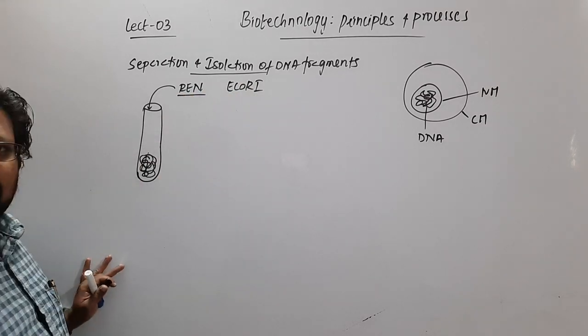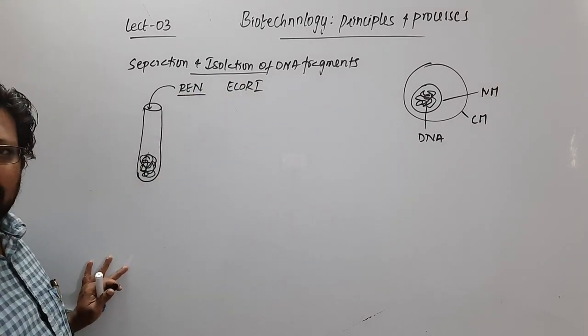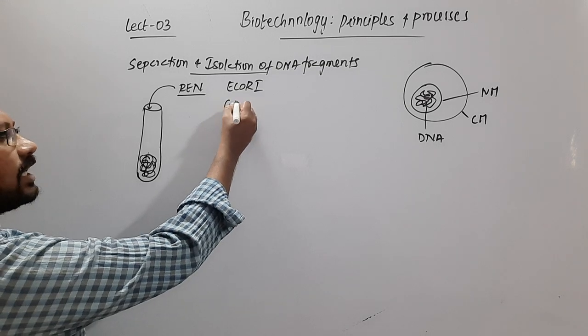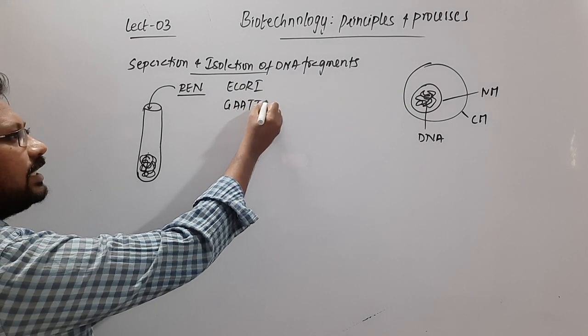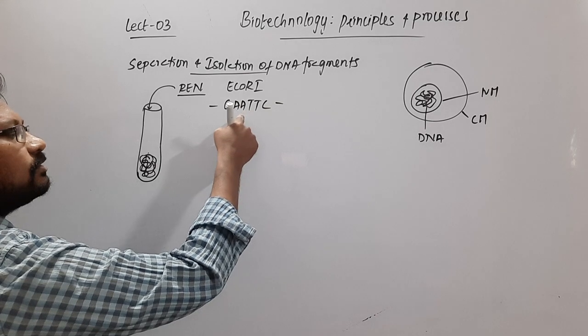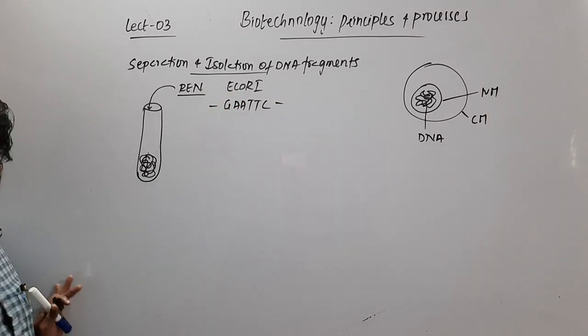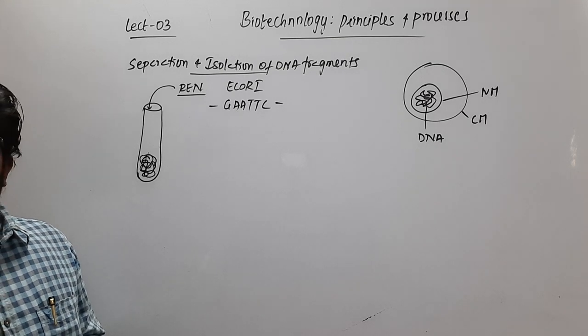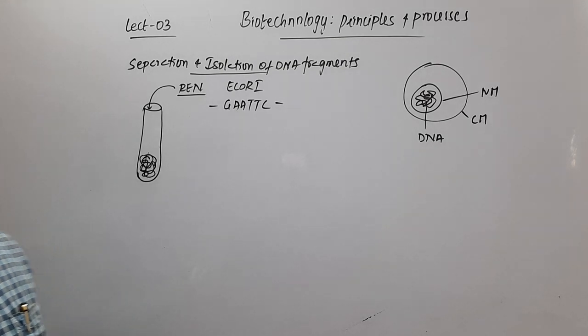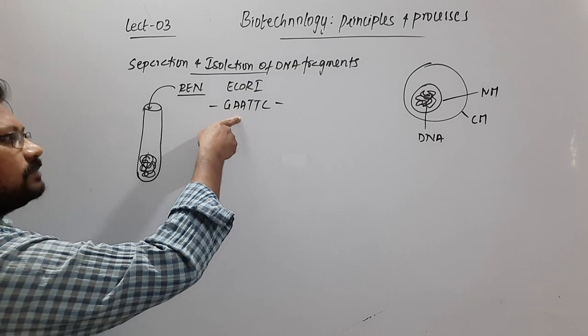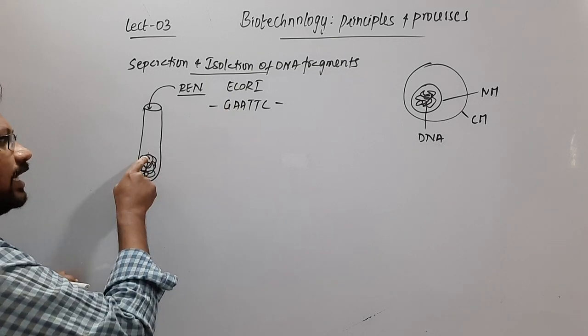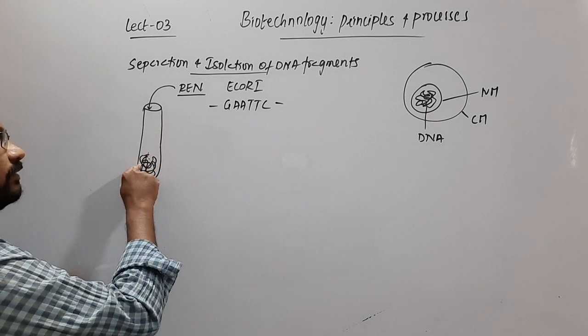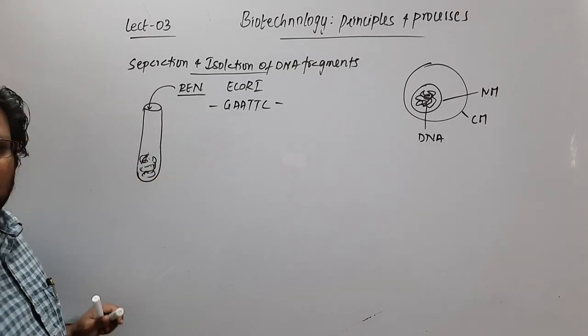If I am taking this EcoRI restriction endonuclease, wherever it comes across this GAATTC, which is the palindromic sequence identified by EcoRI, and that may be present at different locations, at all those points it will cut the DNA, right?